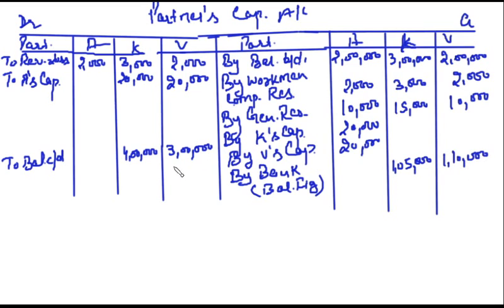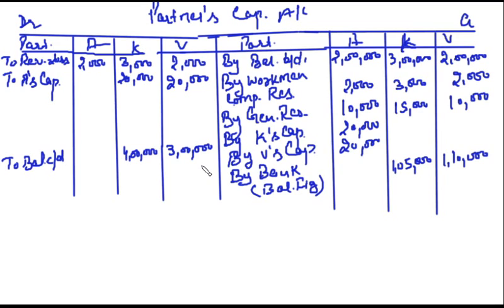This means that the existing capital after all the adjustments is less than what should be the capital of the remaining partners in the new firm. Listen to it very carefully. That's why they are bringing the bank equivalent to 1,05,000 and 1,10,000. That is the balancing figure.